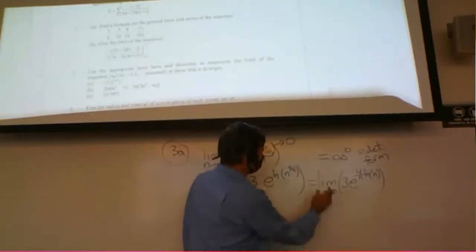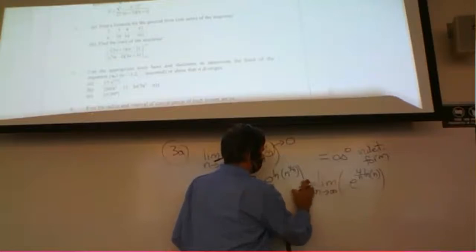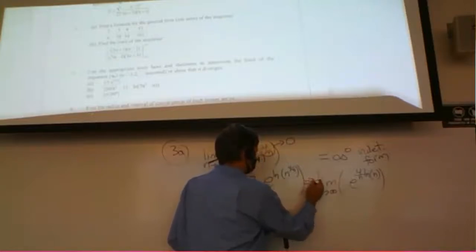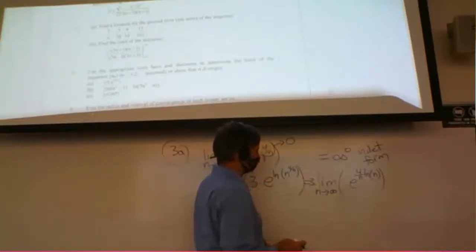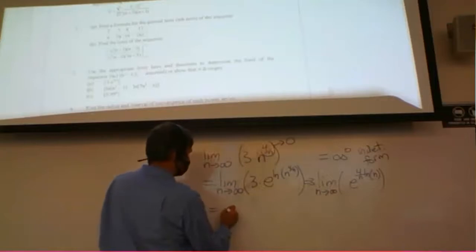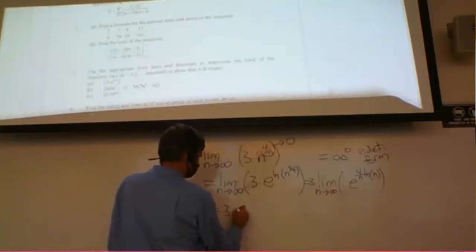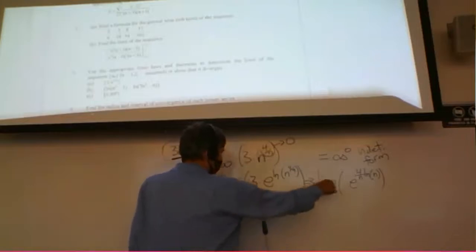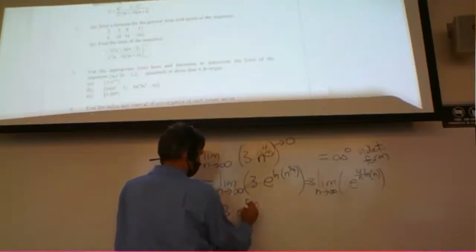So the 3 automatically comes out. You can pull a 3 out front, a constant outside the limit in any case, whether the limit exists or not. But now the exponential function is a continuous function, so I'm going to pull the limit in here tentatively. And if this limit of its exponent turns out to exist, then this limit exists and is equal to the same value.